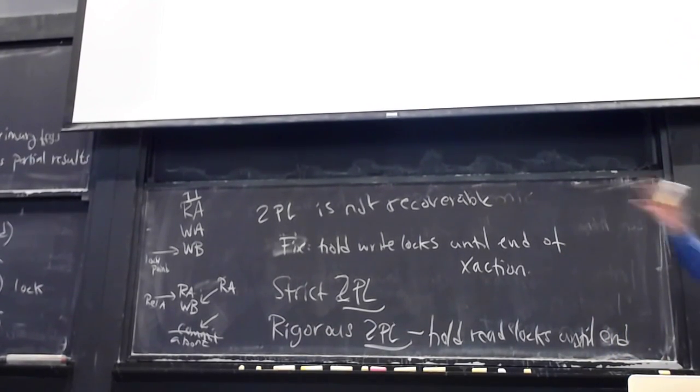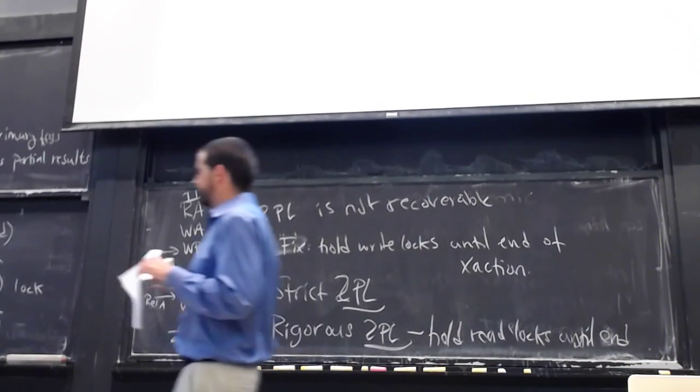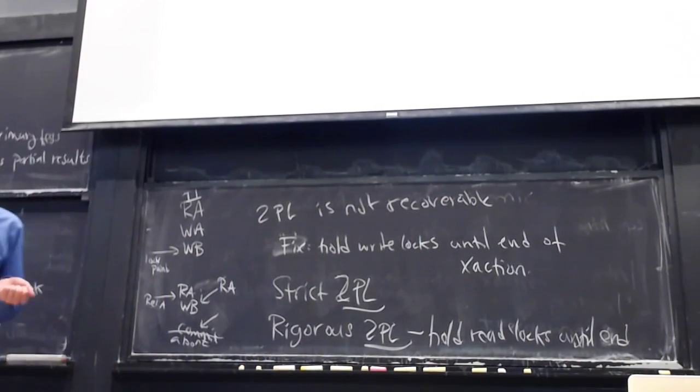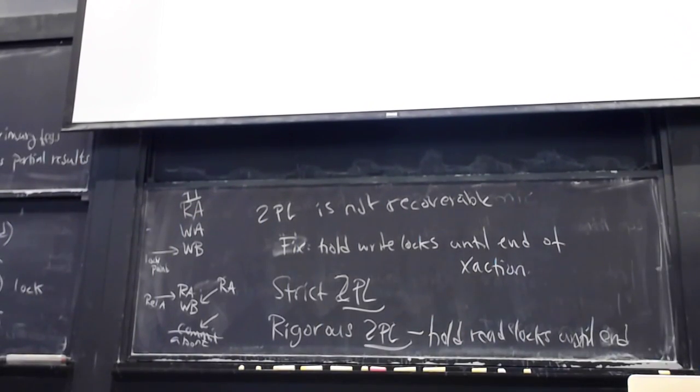It's basically the same as this protocol, except that we only release locks after the transaction commits, instead of being allowed to release locks at this commit point. And you can see why in this particular example, this is clearly not recoverable. If we were to release locks at this point, we would clearly be not recoverable, and so this schedule would not be permitted under rigorous two-phase locking.